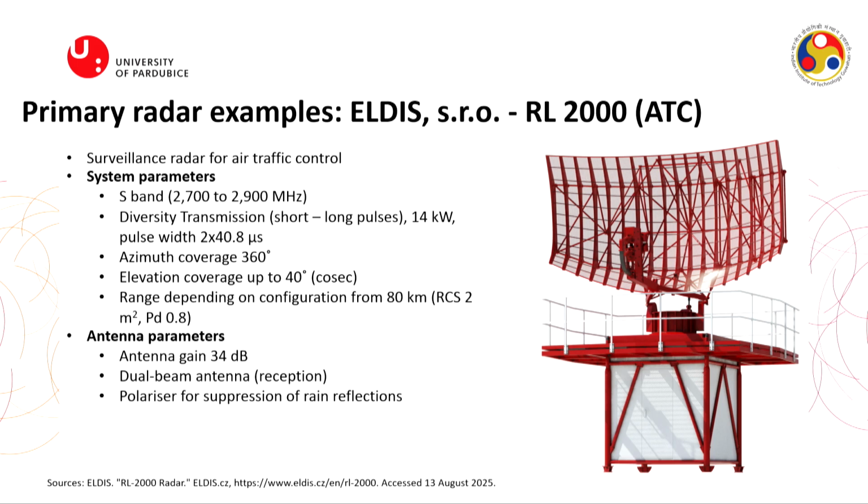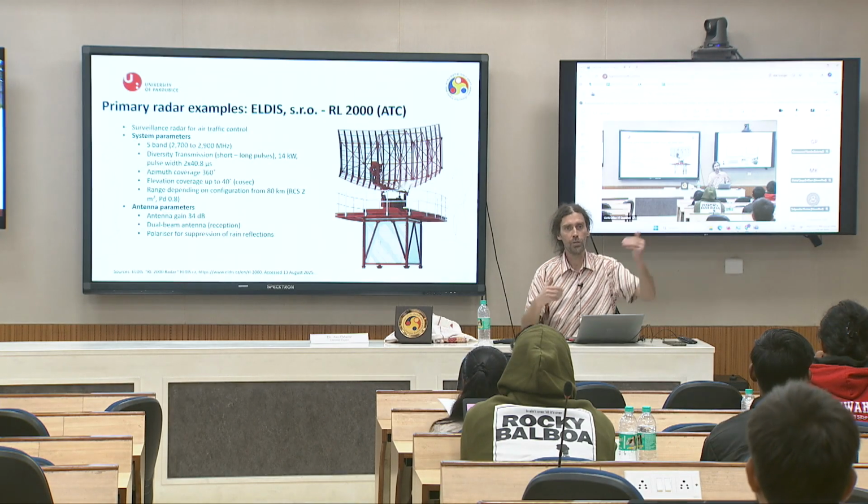And range depends on configuration. The detectability of a target is like 80 kilometers, and range of course depends on the size of the target. You can't say, okay, my radar could detect a target at 80 kilometers. It is not true, because imagine an Airbus for 500 people, okay, you can detect it from 80 kilometers.